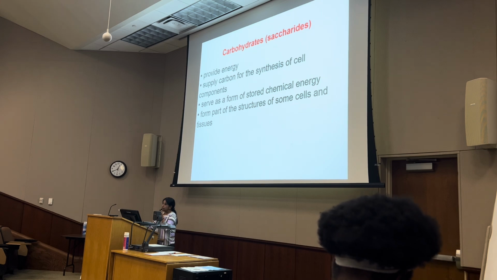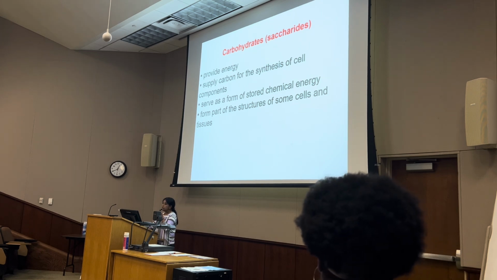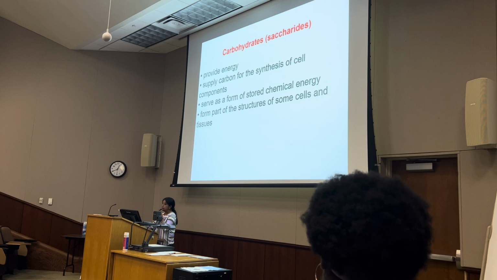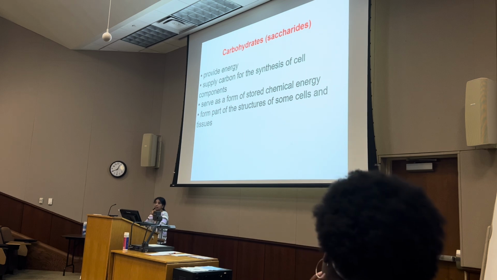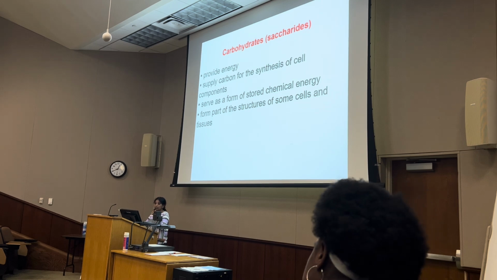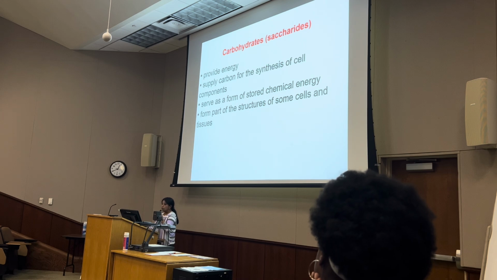Carbohydrates serve as a form of stored chemical energy. For example, the liver, which is a sensor for blood glucose level. If there's an excess of blood glucose, then the liver will take it up, and that glucose is stored in the form of glycogen, which is also a stored form of energy. They also form parts of the structures of the cells and tissues.